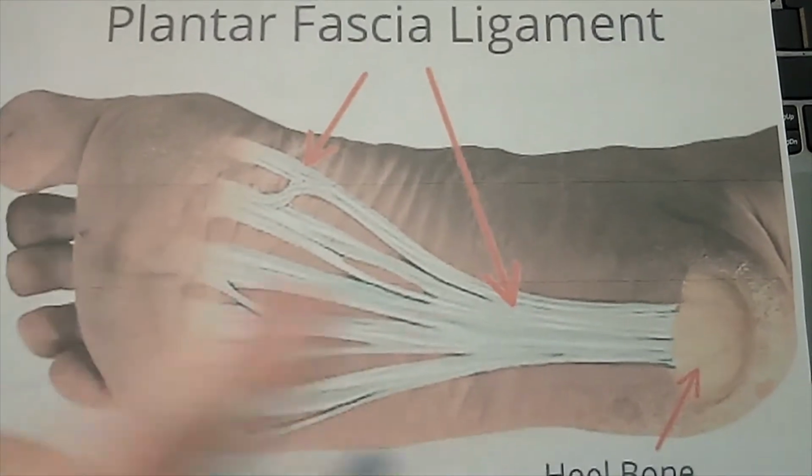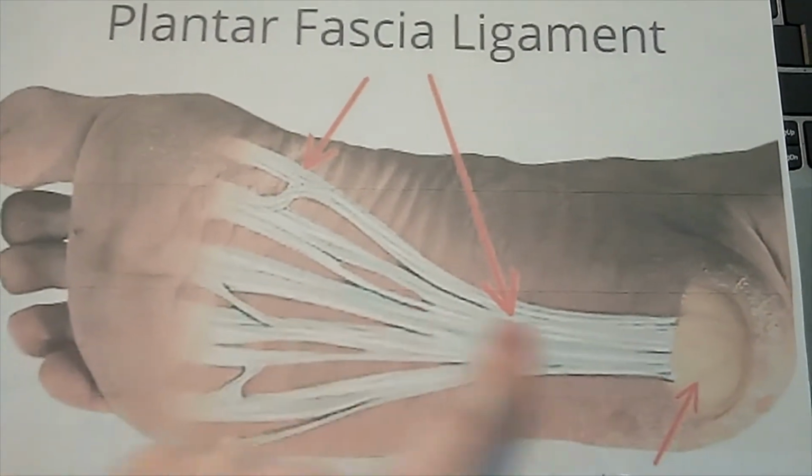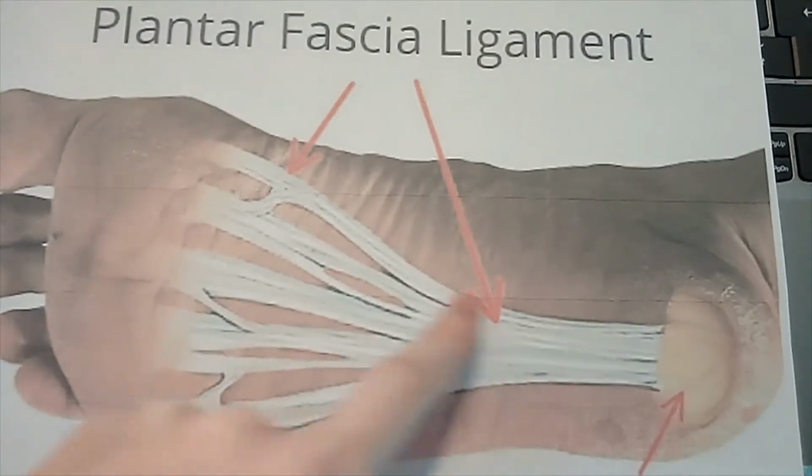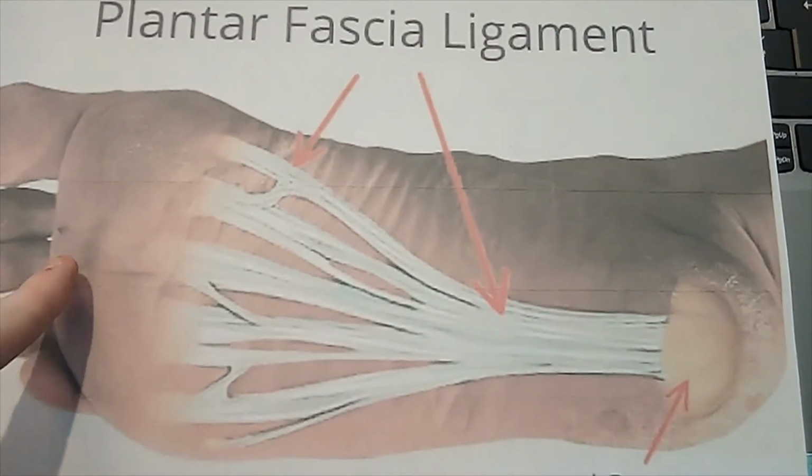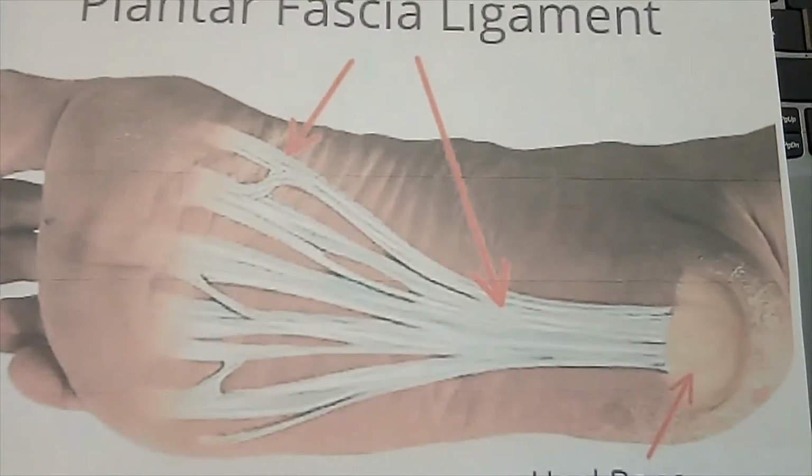And it's basically caused by inflammation of the thick fibrous fascia that runs along the sole of the foot, connecting the heel bone to the toes. So this fibrous tissue is called the plantar fascia. And so this is it here. You can see running from the heel bone right the way along up to the toes, along the sole of the foot.